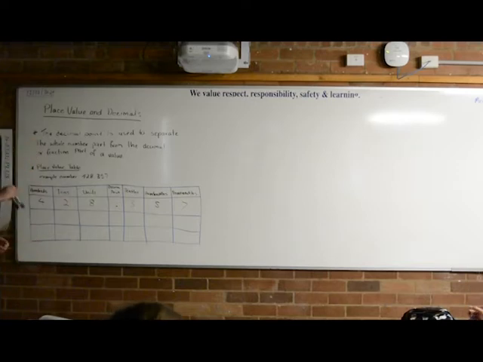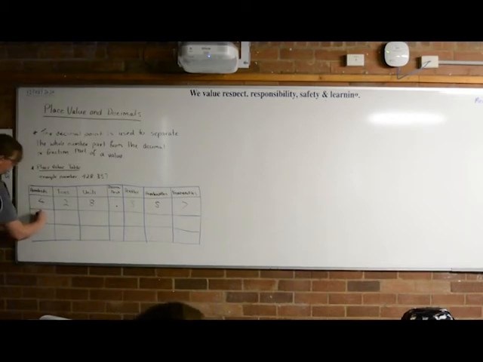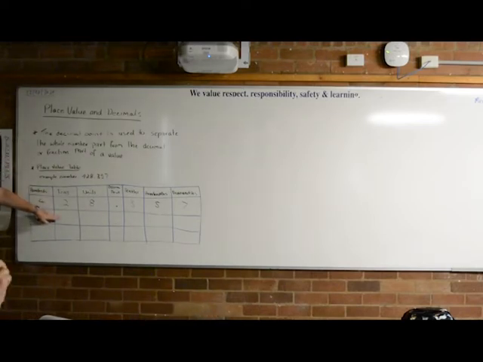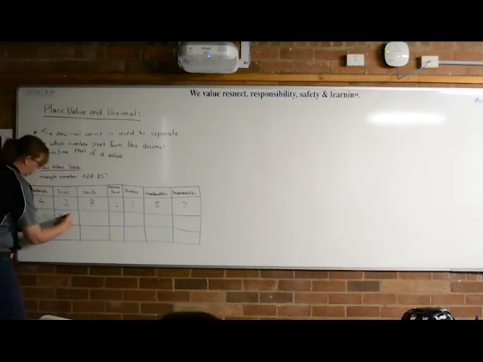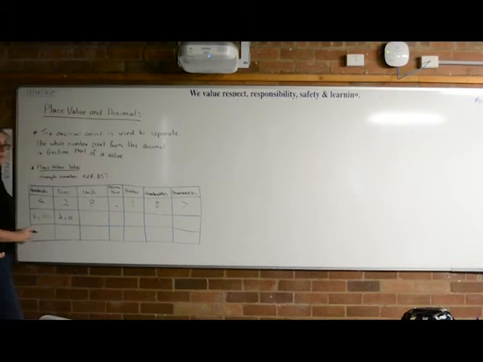If we remember back to when we did some other stuff on place value, how can I write this in more of an expanded version, do you think? 400. So 4, and we're going to go times 100. We can do that for each one. So what will the 2 be? 2 times 10. Easy going. What will the 8 be? 8 times 1.